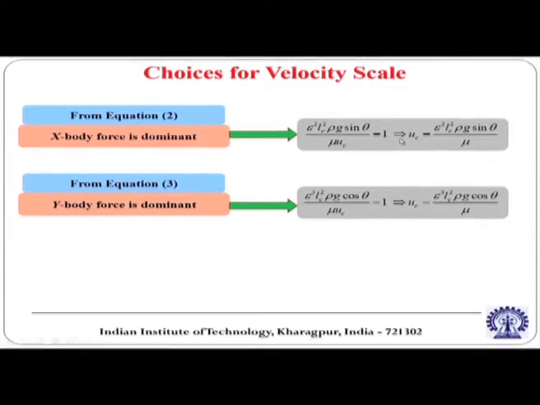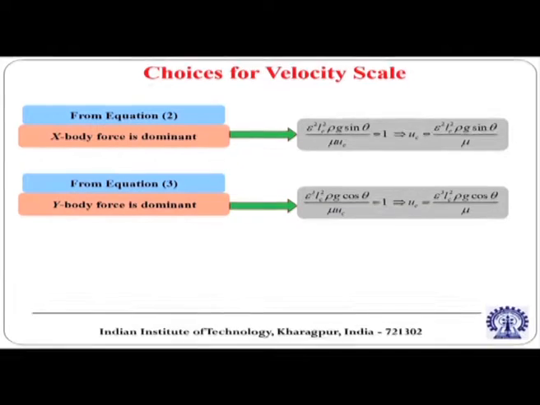And similarly if the y body force is dominant, then this is the body force term in the y momentum equation, and that will give rise to a uc. So you can see that different expressions for uc may appear depending on what is dominant, and that has to be taken into account.